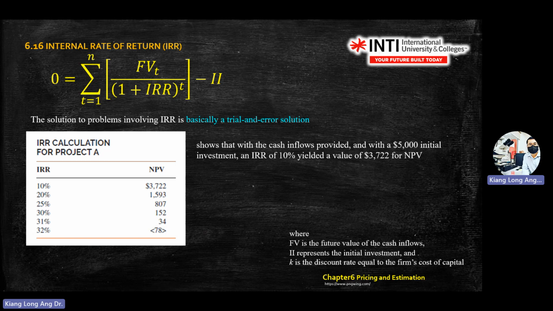So how to read this table: in this example, for an initial 5,000 investment, IRR of 10% will yield an NPV of 3,700 something. So how to get 3,722? You use back the equation that we learned just now. You use the equation to calculate that one.